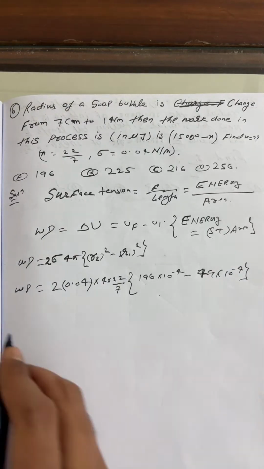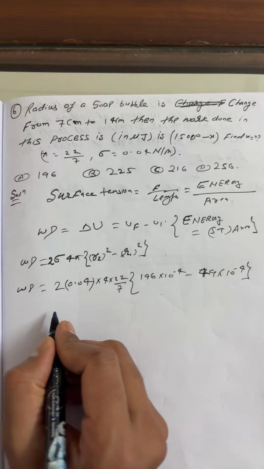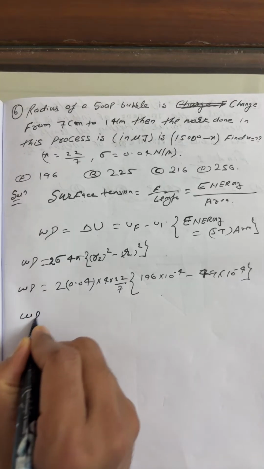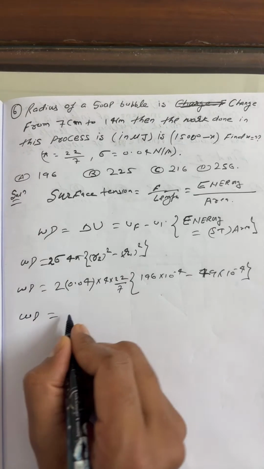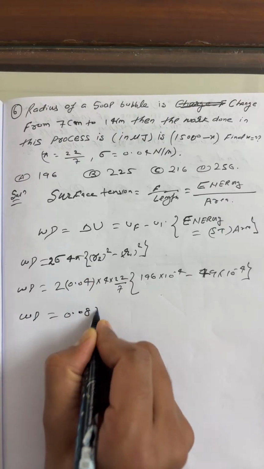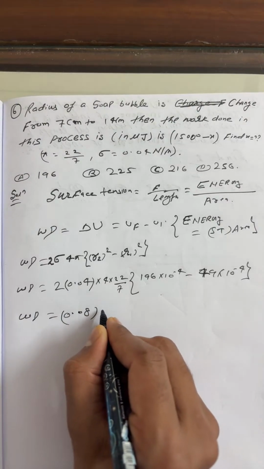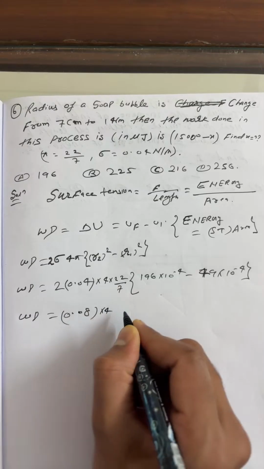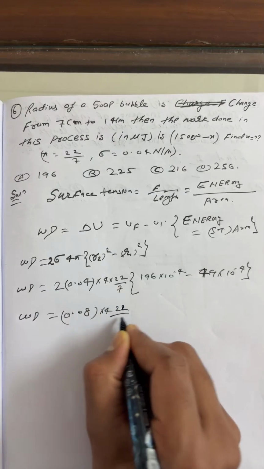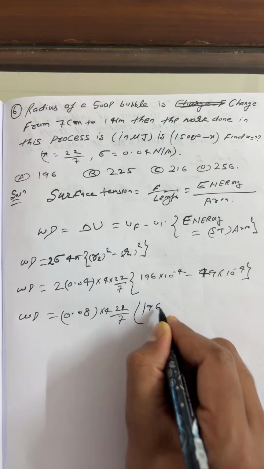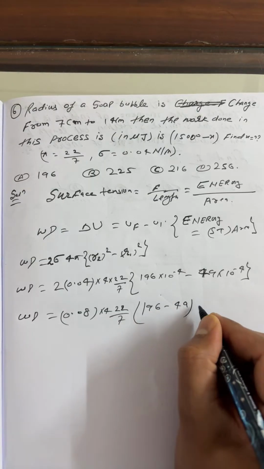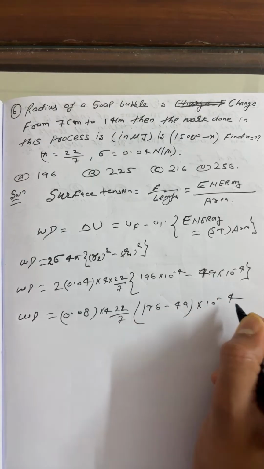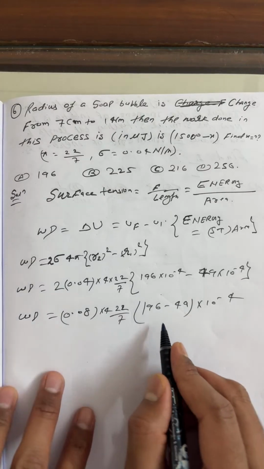Now we just do the further calculation here. So you can say work done is equal to 0.08 into 4 into 22 by 7, into 196 minus 49 into 10 to the power minus 4. How much will come here?